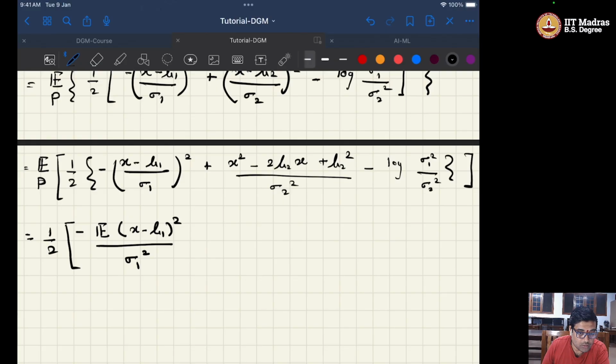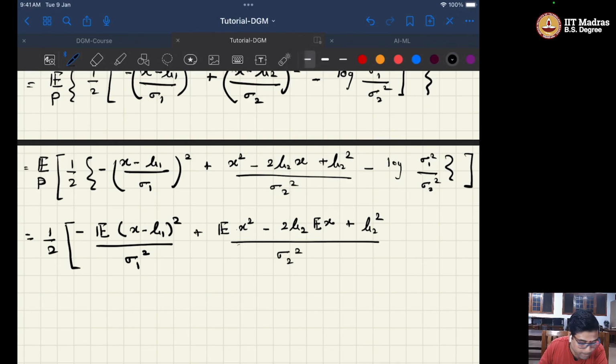Okay, sigma 1 square is independent of x, so I don't need to worry about it, plus expectation of x square minus 2 mu 2 into expectation of x, plus mu 2 whole square, divided by sigma 2 square.